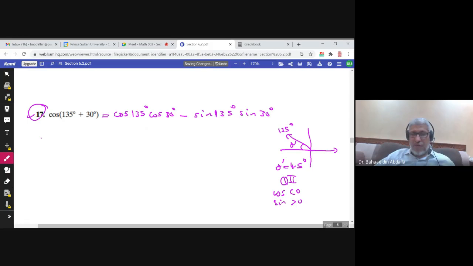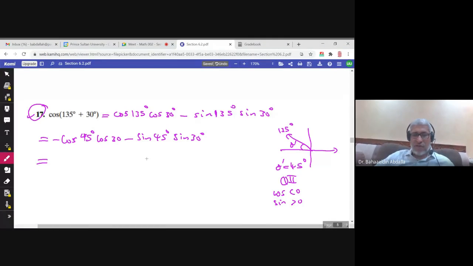Cosine 135 would be equal to negative cosine 45, times cosine 30, minus sine 135, which is sine 45, times sine 30. So cosine 135 is negative cosine 45 because 135 is in the second quadrant, and in the second quadrant cosine is negative and sine is positive. And now you continue as usual.